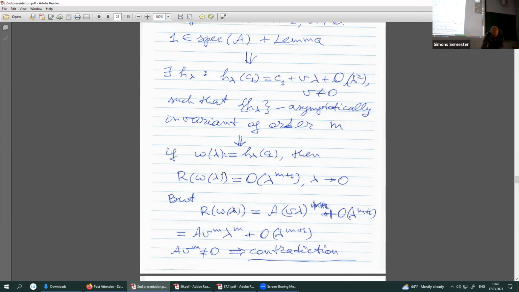because if omega of lambda is this function, okay, then it corresponds to eigenvalue 1.